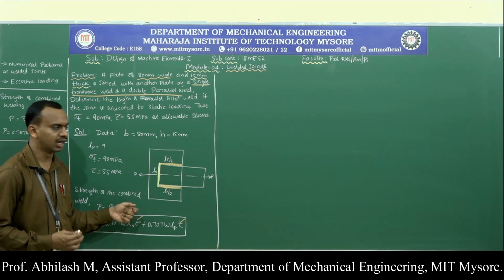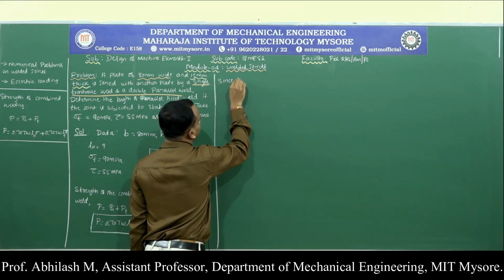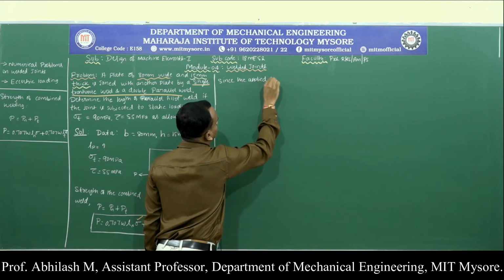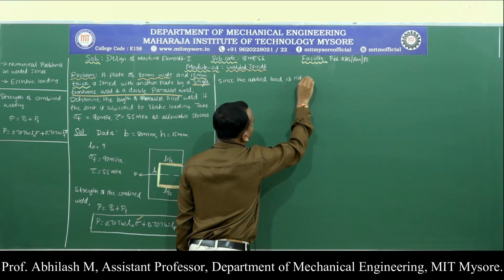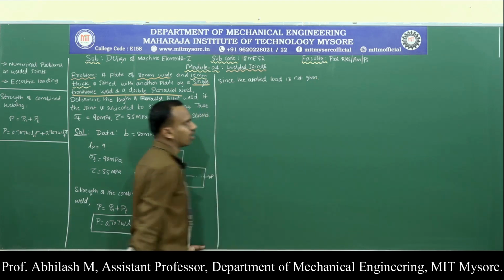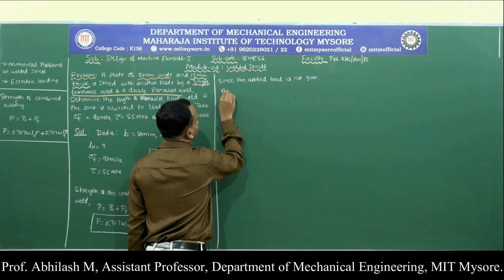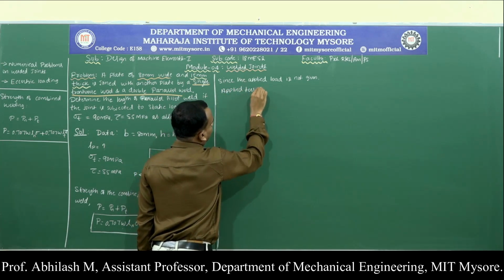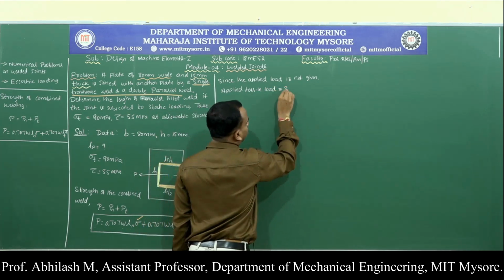So applying the similar condition, since the applied load is not given or not specified, we can take that the applied tensile load will be equal to the strength of the plate itself.